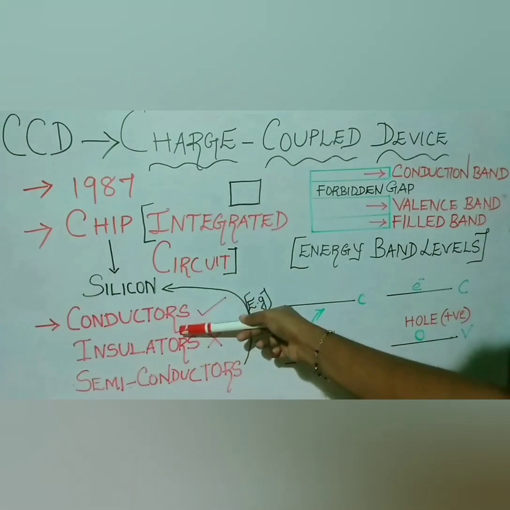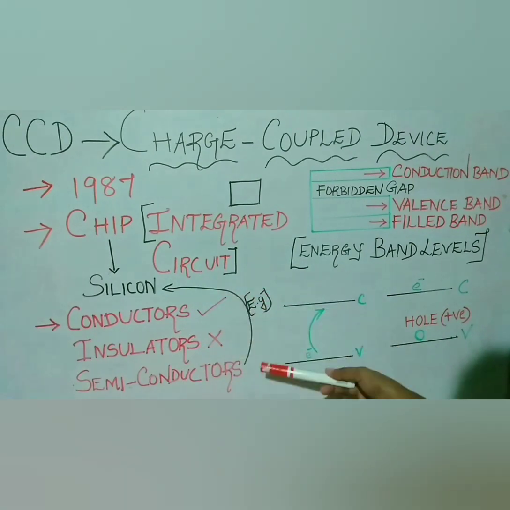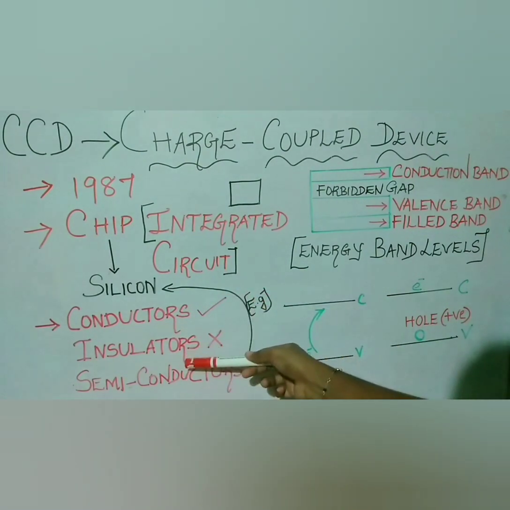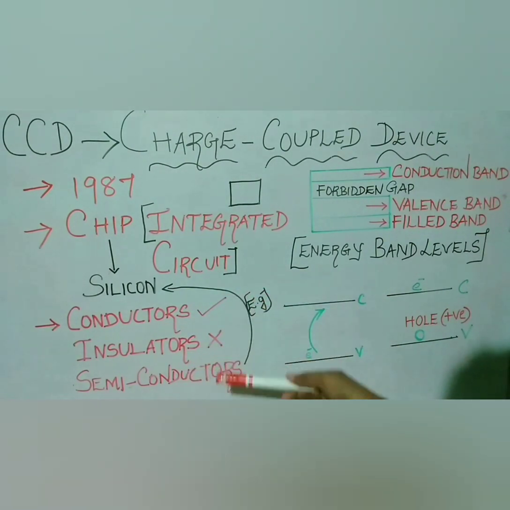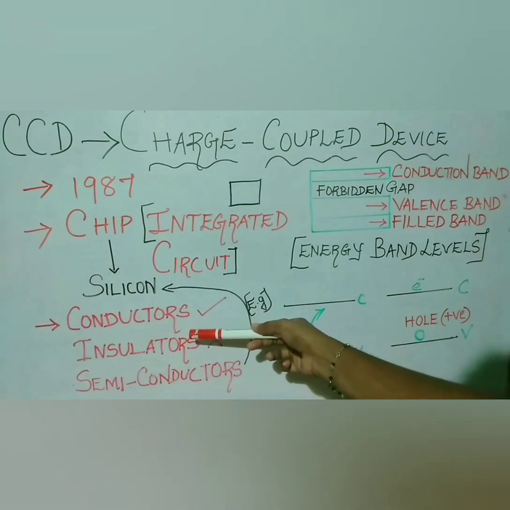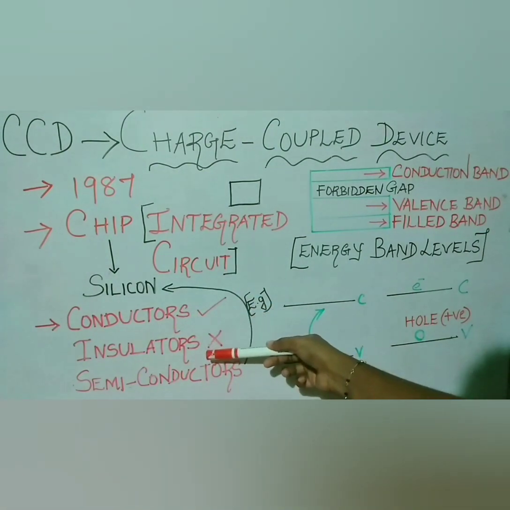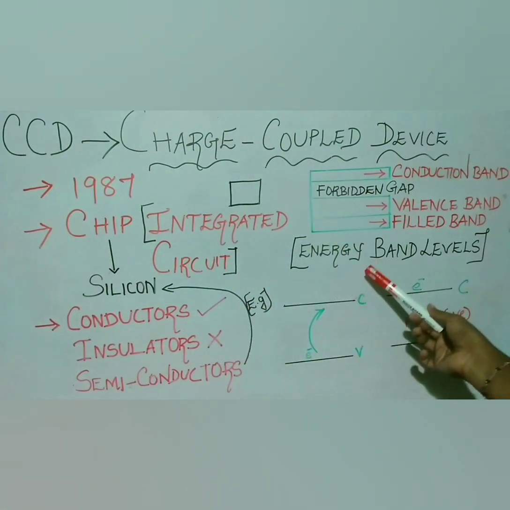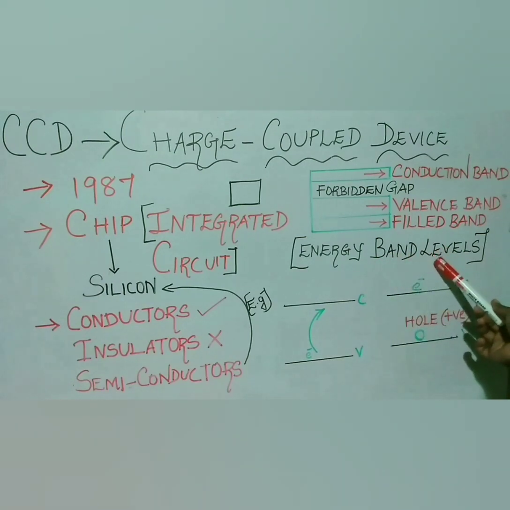Okay, so conductors allow electric charge to move freely through them. Insulators won't allow electric charge to move freely through them, and semiconductors will have their conductivity intermediate between conductors and insulators.